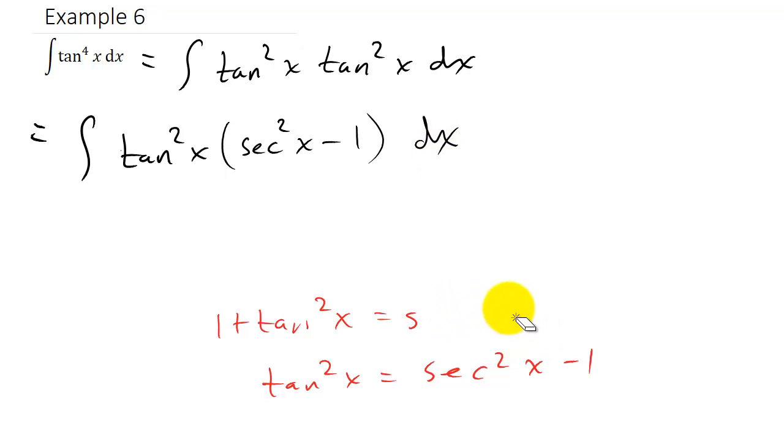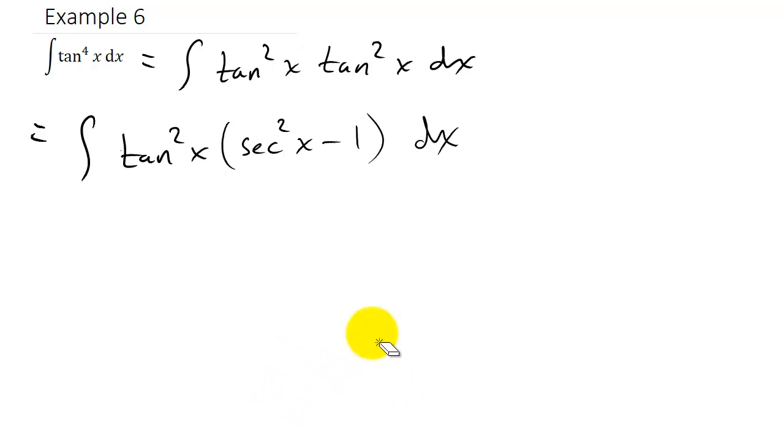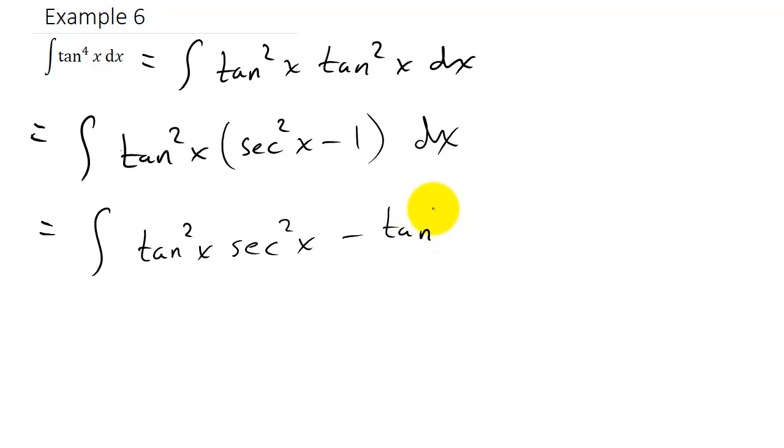Let me erase this. Now I'm going to distribute this tangent squared. That gives me tangent squared x times secant squared x minus tangent squared x dx.